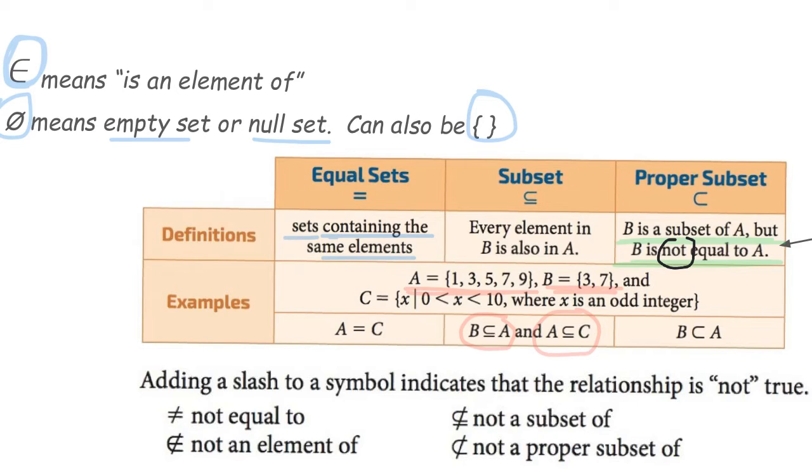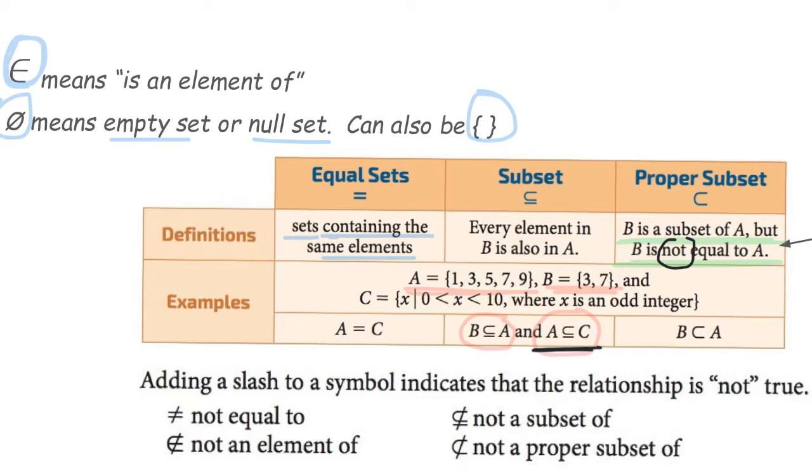So, for example, B is a proper subset of set A because it is not equal, whereas A could not be a proper subset of set C because they have the equal number of elements.